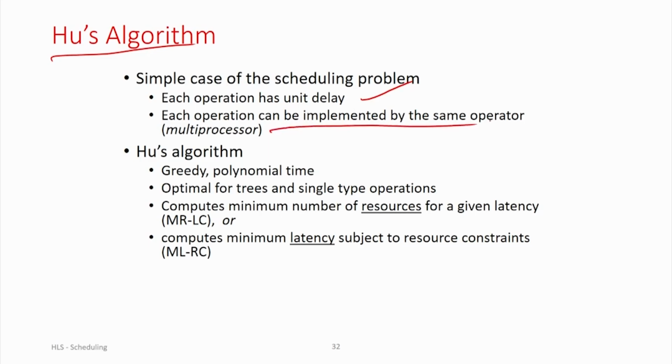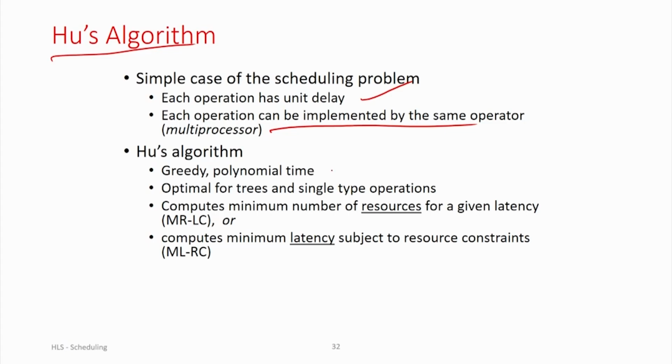In practice, all will be multiplier or all will be adder, but you can understand that in practice not all operations are of the same type, right. So, it is not actually applicable to the scheduling problem, but the idea given by this algorithm will be taken in heuristic based solutions like list scheduling. So, we will just discuss it here.